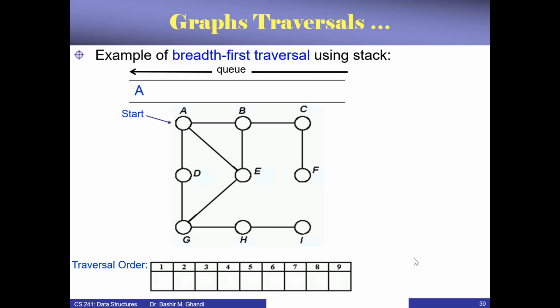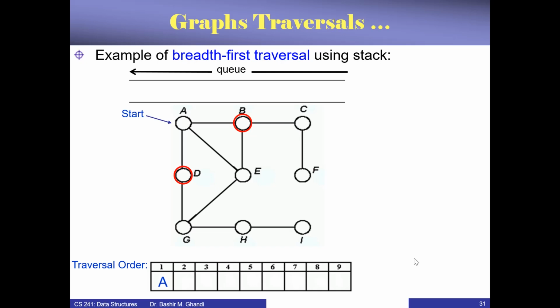So we enqueue the starting vertex, that's what the algorithm says, and then start the loop. Dequeue and visit directly. Dequeue and visit. And now enqueue the adjacent vertices that were never enqueued before.